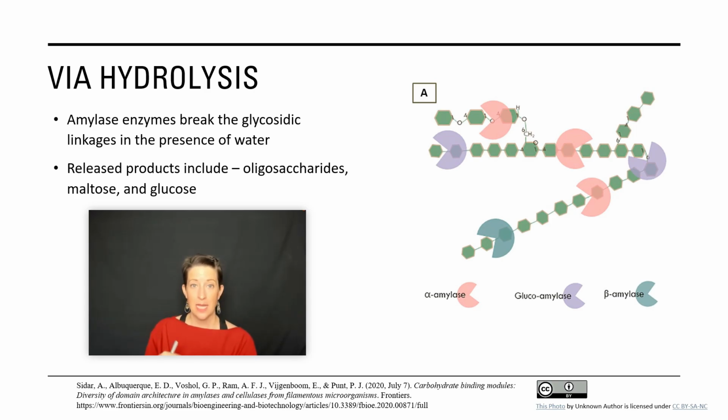Throughout this process, within our saliva, we can get a variety of different products. So depending on the enzyme used, will help us predict the products that come through this process of using amylases within our saliva. Here in this chart, we have our alpha amylase. So our alpha amylase is an enzyme that will randomly break alpha 1,4 glycosidic linkages.